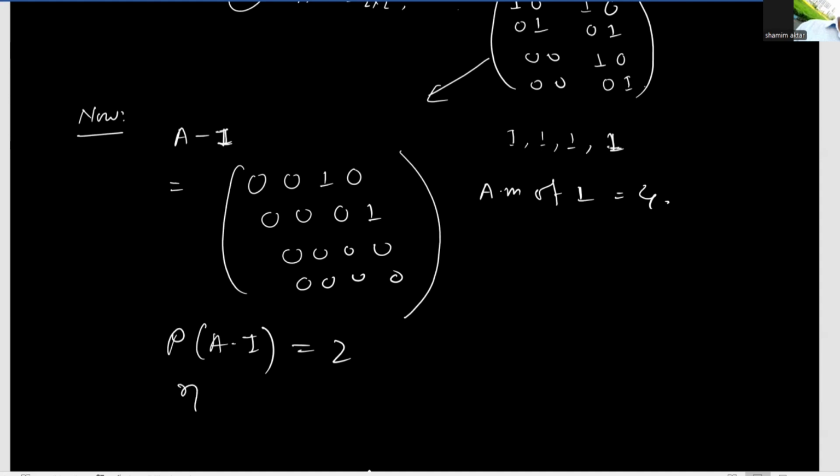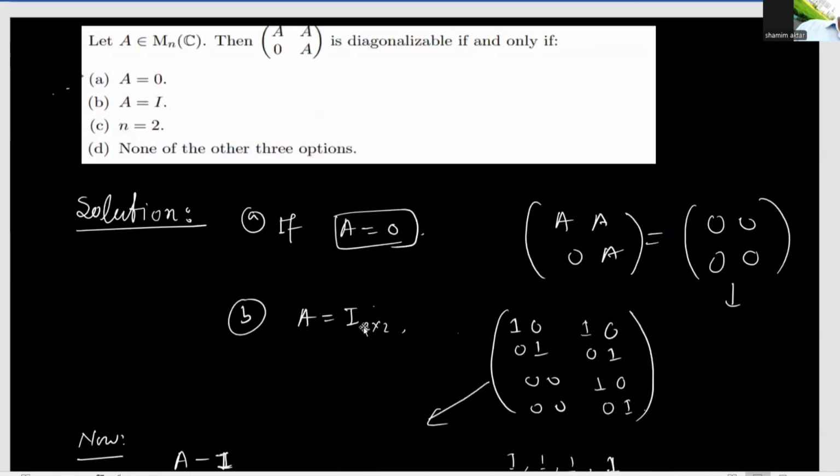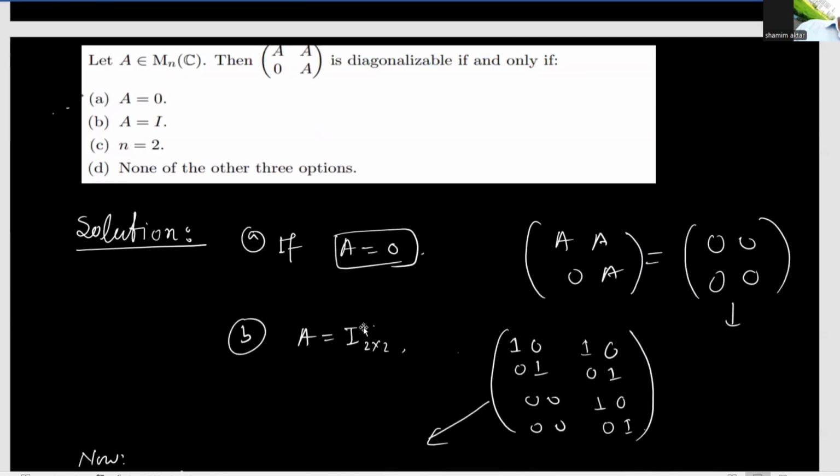So the nullity of A minus I is 4 minus 2, which is equal to 2. So this implies the geometric multiplicity of 1 is equal to 2. Here the AM of 1 is not equal to the GM, so A is not diagonalizable. So option B is false, and similarly option C is also false. So the answer of the question is A.